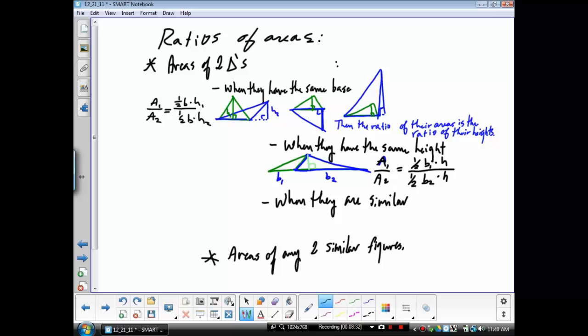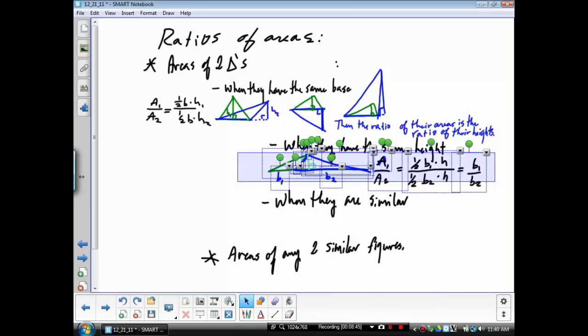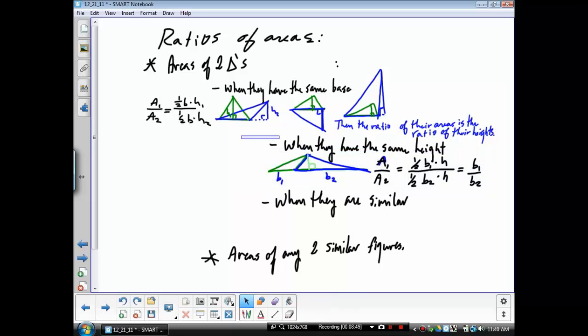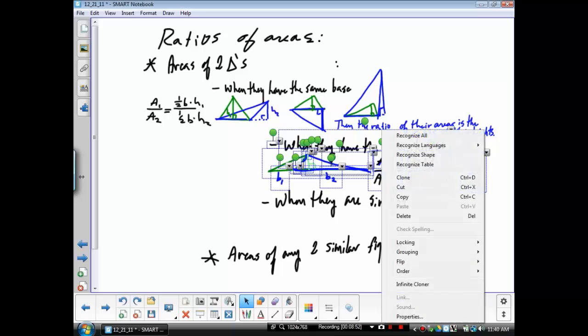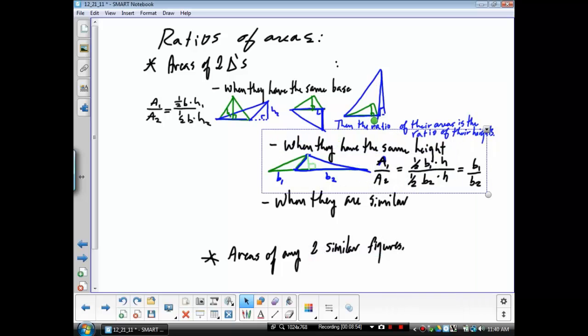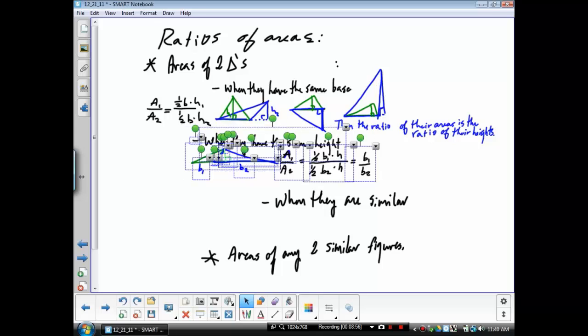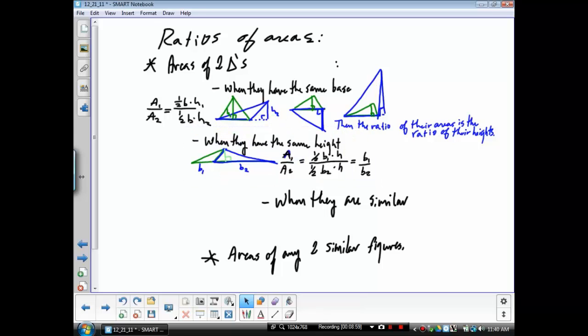And again, since you know how to reduce fractions, the 1/2s reduce, the heights reduce, leaving you the ratio of the two bases. So if the two triangles have the same height, then the ratio of their areas is the ratio of the bases. Base 1 to base 2.